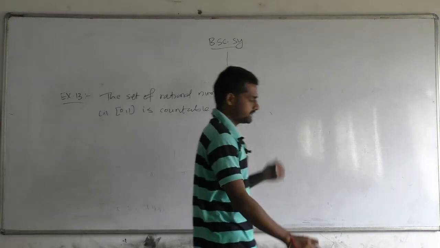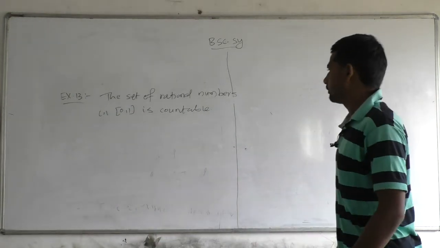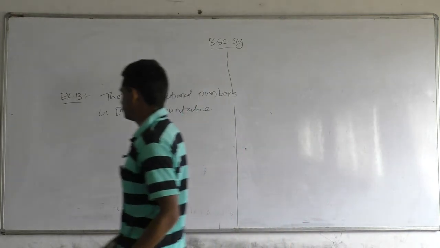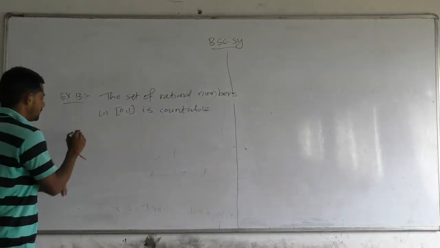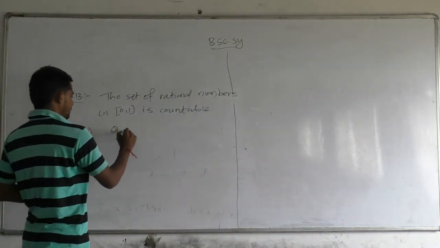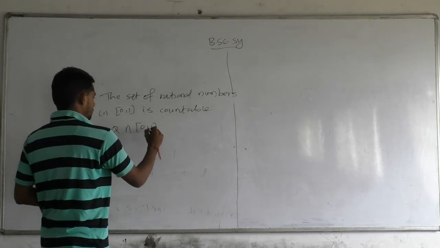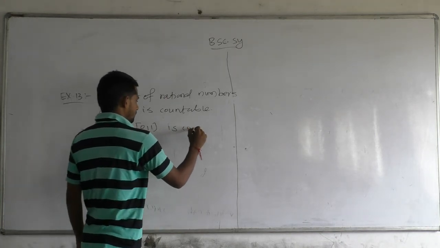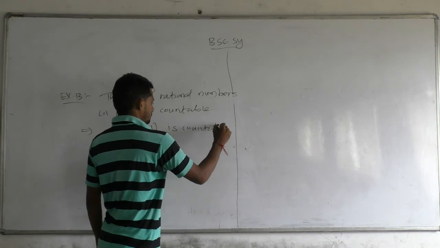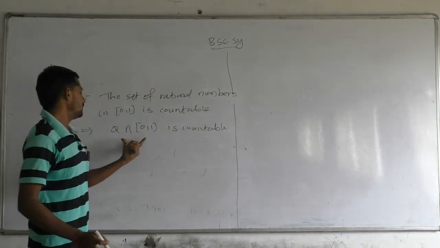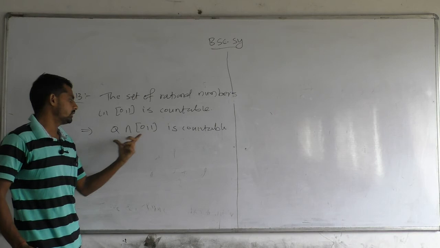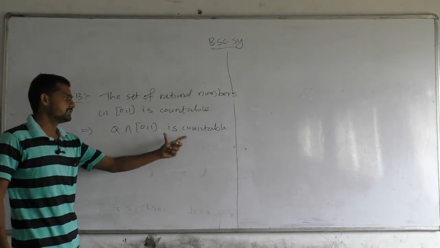That is, we have to prove that Q intersection [0, 1] is countable. The set of all rational numbers in [0, 1] means Q intersection [0, 1] is countable.